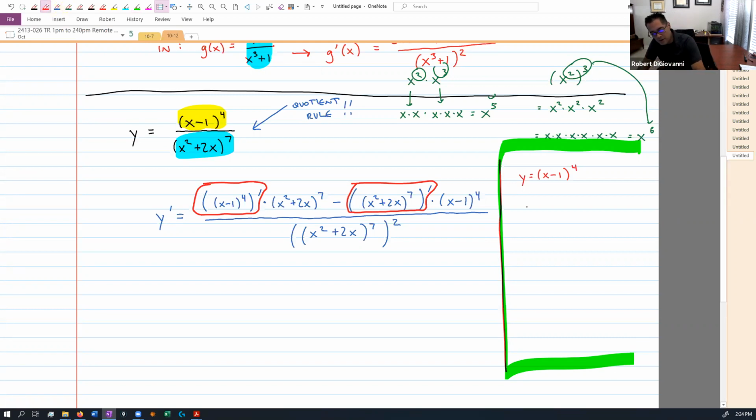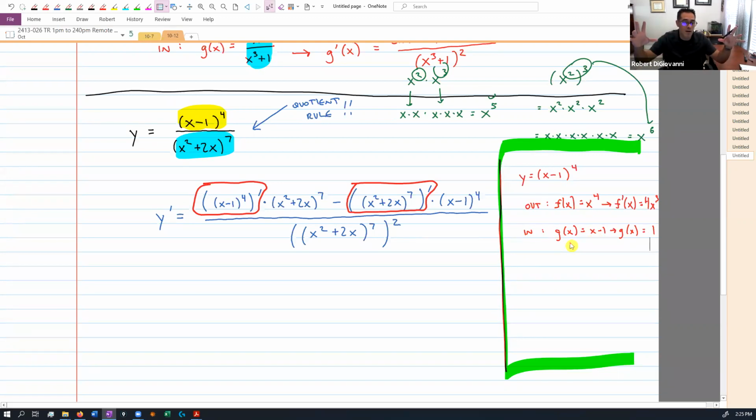So the outer function is f of x, which is x to the 4th. The inner function is the thing inside, g of x, which is x minus 1, and then I find the derivatives of each one. Do you all understand what I'm doing here? I'm doing what we did earlier, but now it's just a smaller piece of a bigger problem.